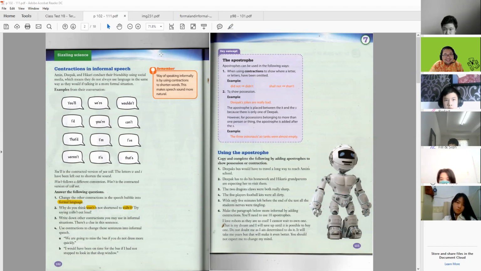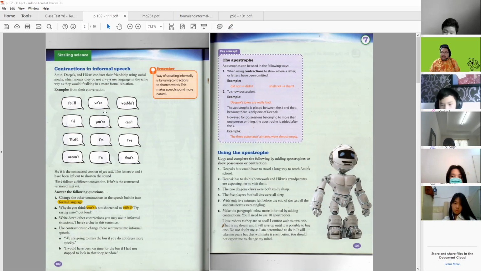Right. Thank you guys. Cool. So won't is not a contraction of won't. It's a contraction of will not, or willnot. Okay. Good. Very good.